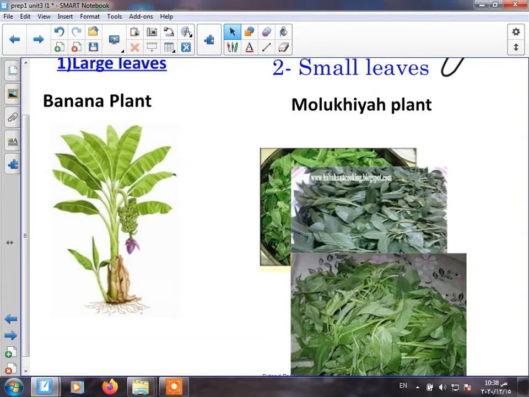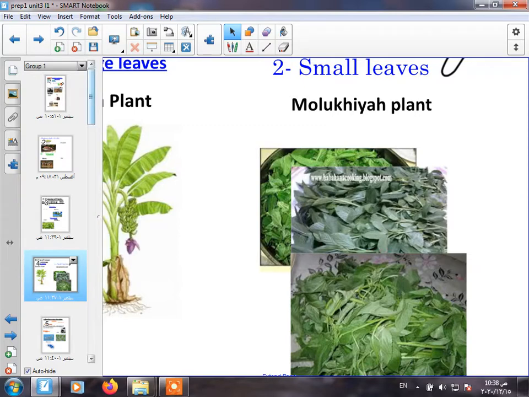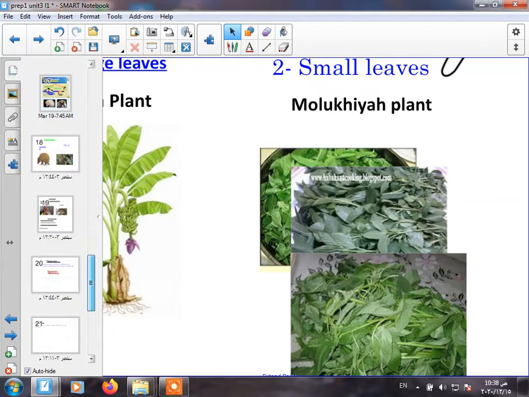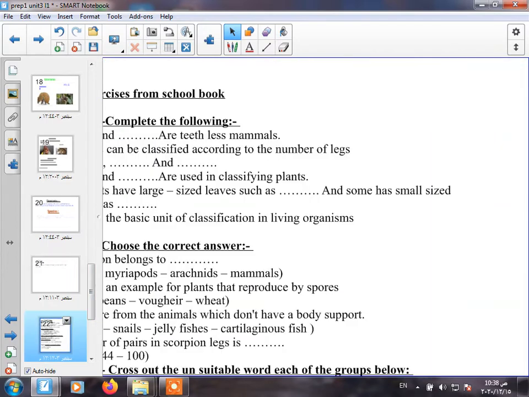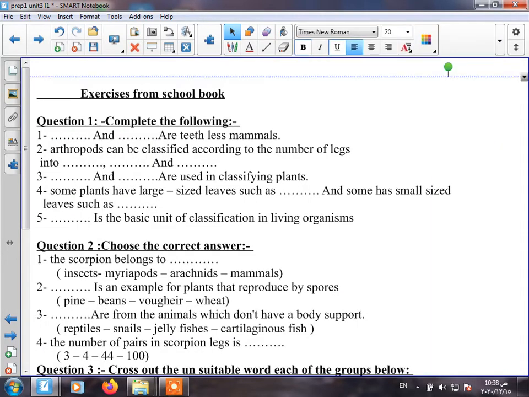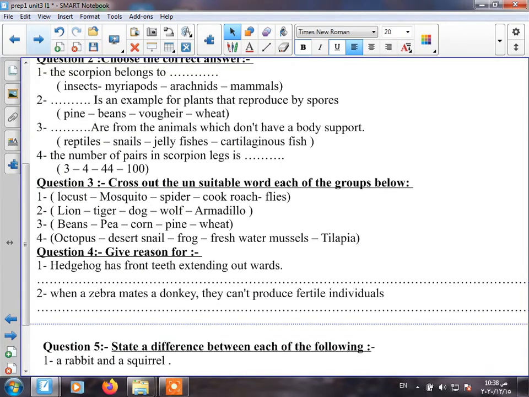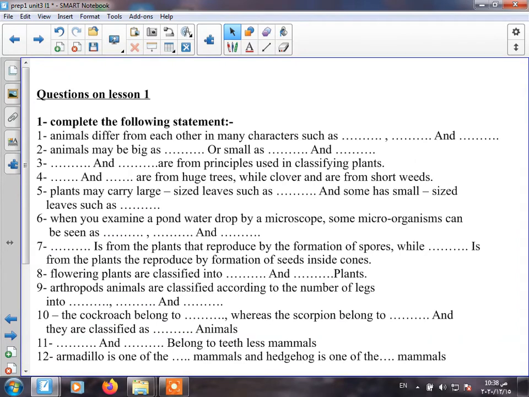Now I have a question. If I ask you, complete number 1: animals differ from each other in many characters, such as, as we said before, the shape, the size, and the way of feeding or environment where they live.